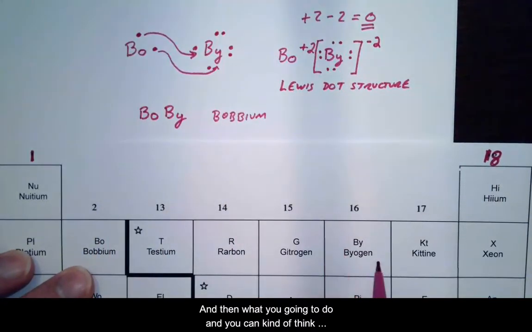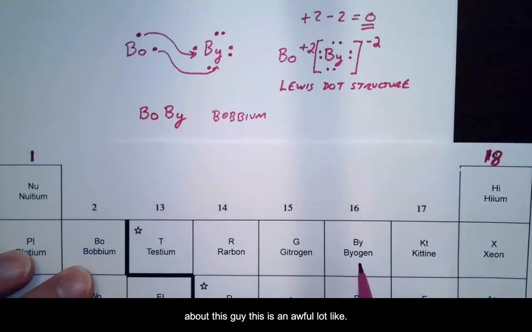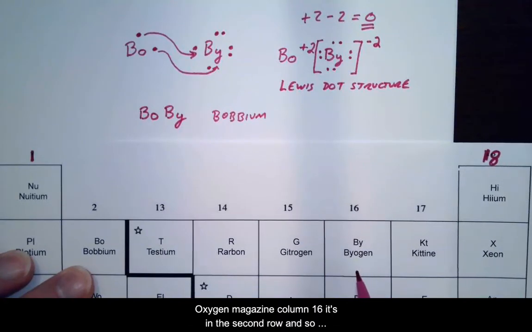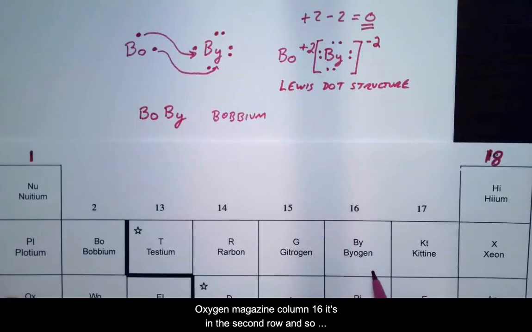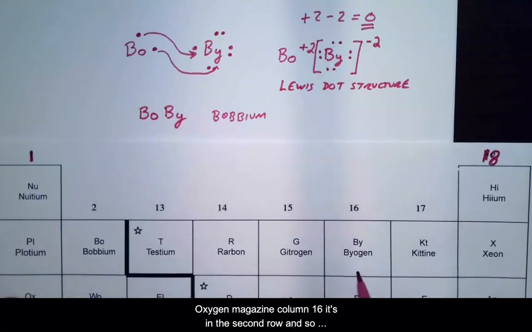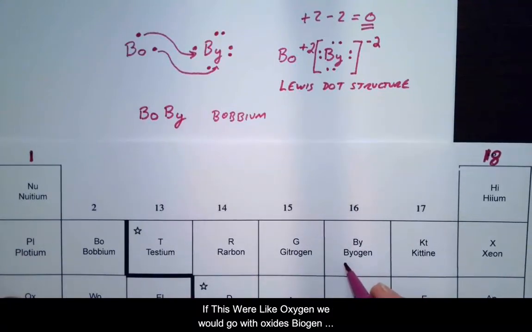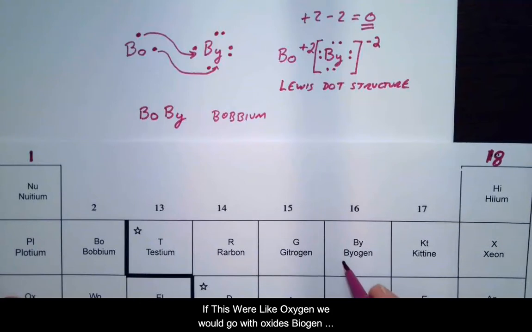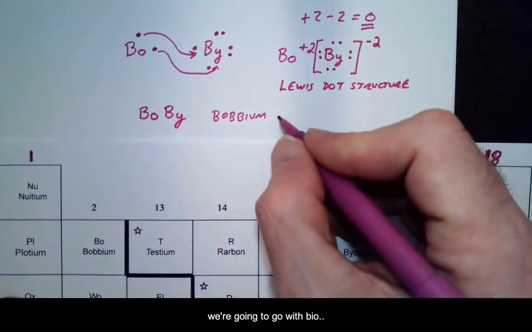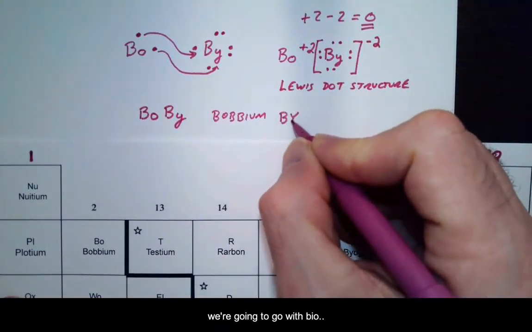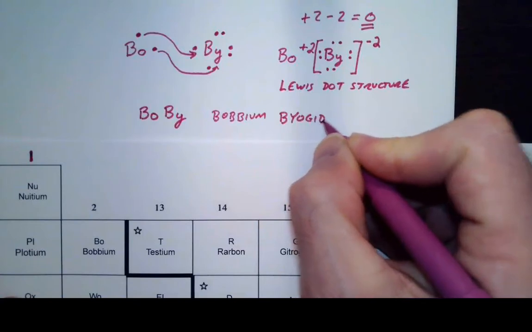And then what you're going to do, right? And you can kind of think about this guy. This is an awful lot like oxygen, right? It's in column 16. It's in the second row. And so if this were like oxygen, we would go with oxide. Since it's biogen, we're going to go with biogide, all right?